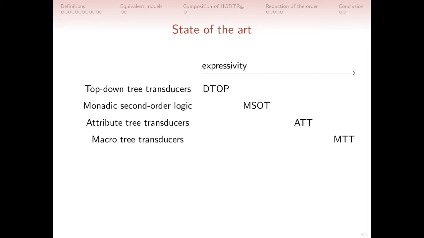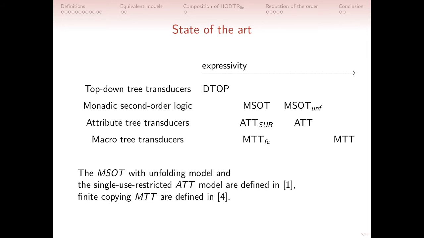There are also models that reduce the copying power of ATTs and MTTs, and that makes them as expressive as MSO transducers. These are called single-use restricted ATTs and finite copying MTTs.